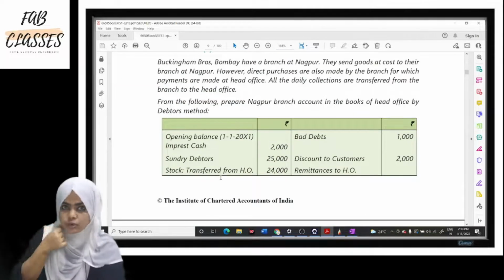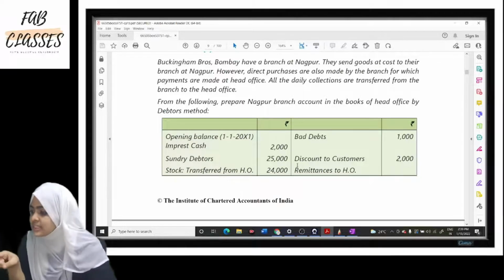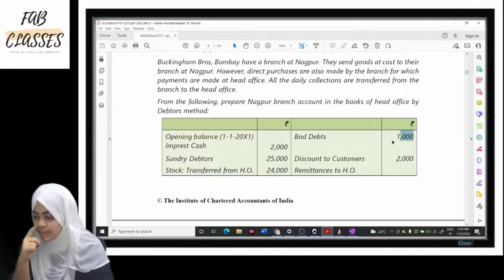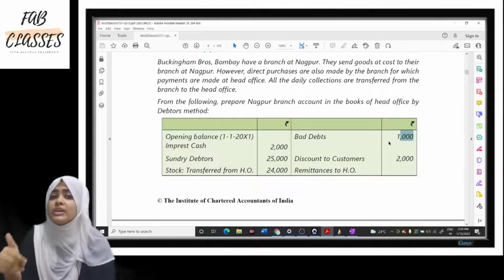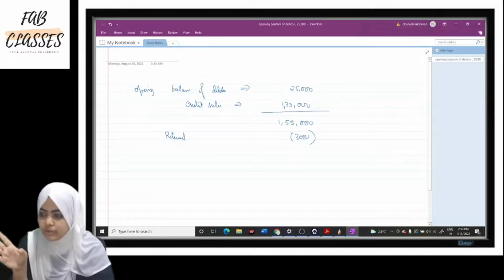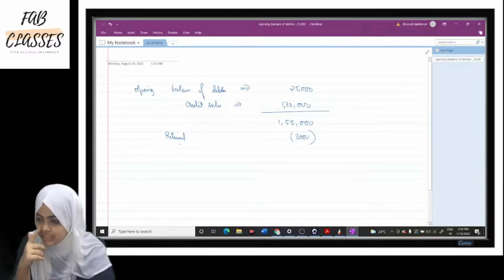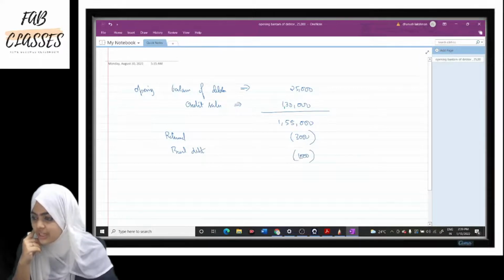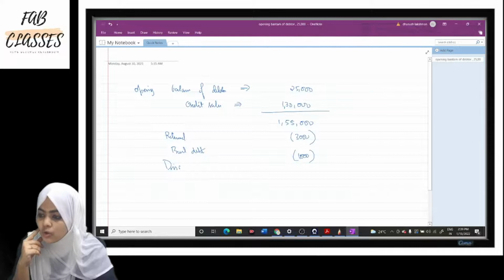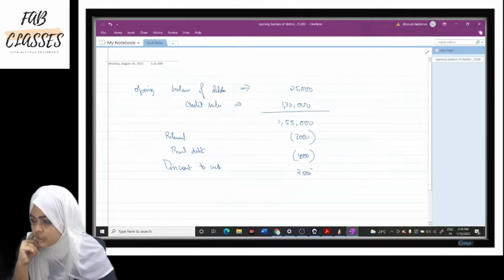Out of these debtors, there is a bad debt of 1,000, and also we have given a discount to customers of 2,000, right? So 3,000 worth goods were returned by the customers, there was a bad debt of 1,000, and a discount to customers of 2,000 rupees was given.